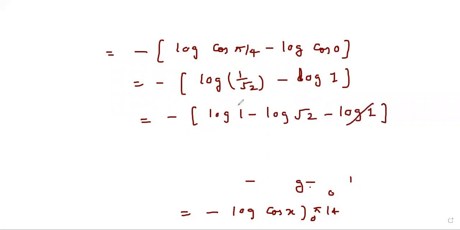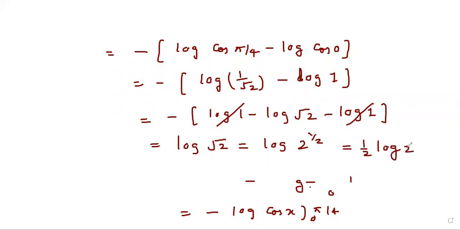So log 1 will cancel out, and this minus will make this minus plus. So log root 2, we can further write it as log 2 power half. Then by applying log m power n, we can write it 1 by 2 log 2, which is our answer. Now let's go to question number 8.